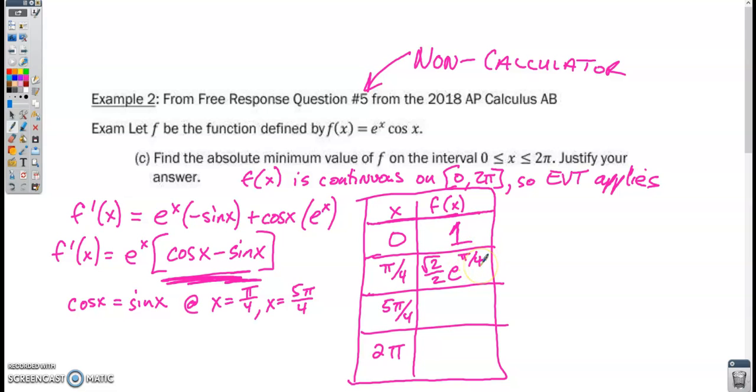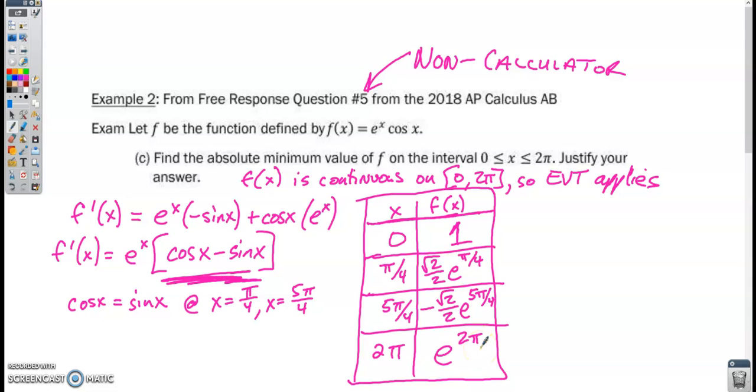Then I put 5 pi over 4 in. e to the 5 pi over 4, and cosine of 5 pi over 4 is negative root 2 over 2. And then I put 2 pi in here. E to the 2 pi is e to the 2 pi. Cosine of 2 pi is 1. So this is just equal to e to the 2 pi.